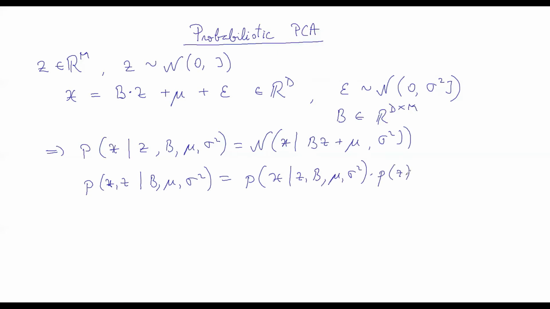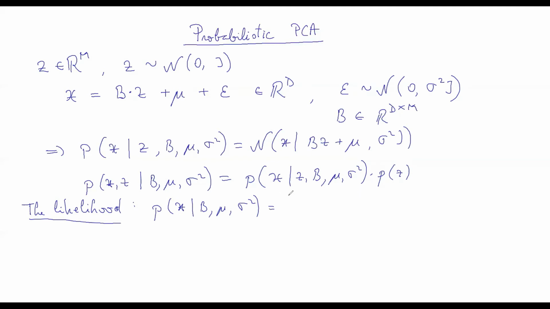Now, when we want to obtain the likelihood of this probabilistic model, the probability of x given B, mu, sigma squared, this is obtained, as we have had before, by integrating z out of this distribution.